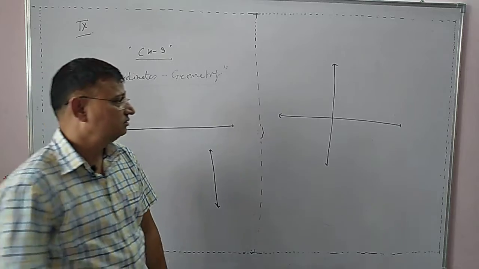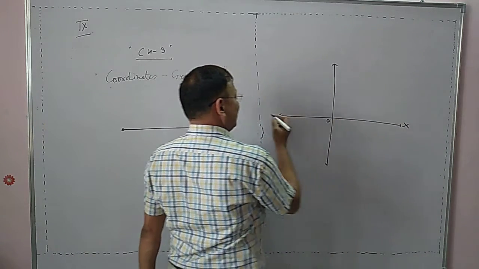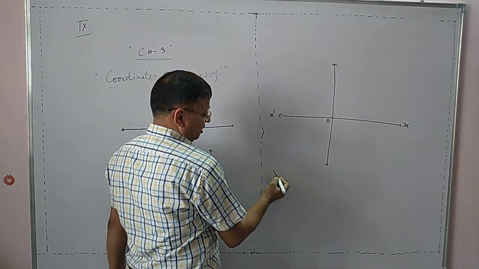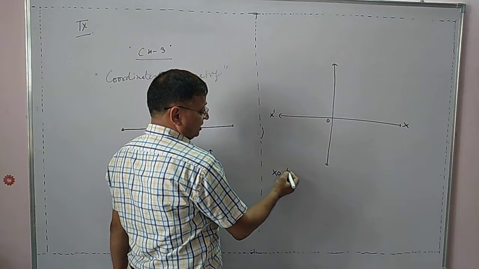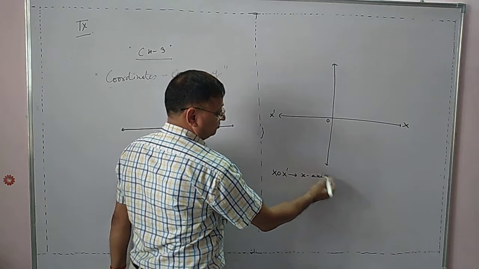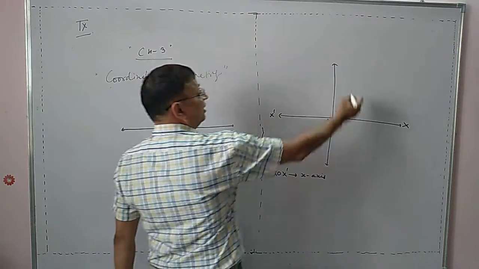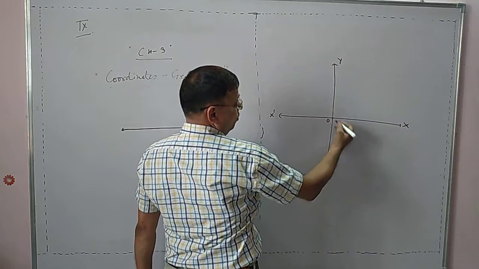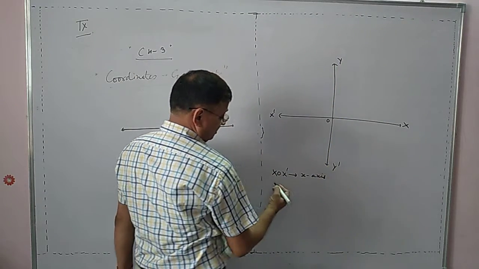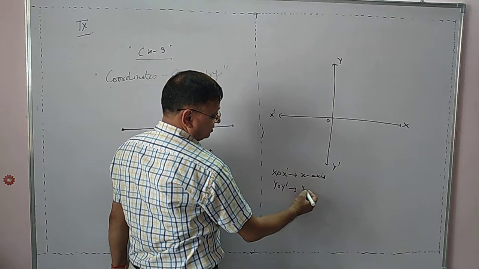In short, the horizontal line is always called X'OX, which is called the x-axis. And the vertical line is YOY', where YOY' means the y-axis.